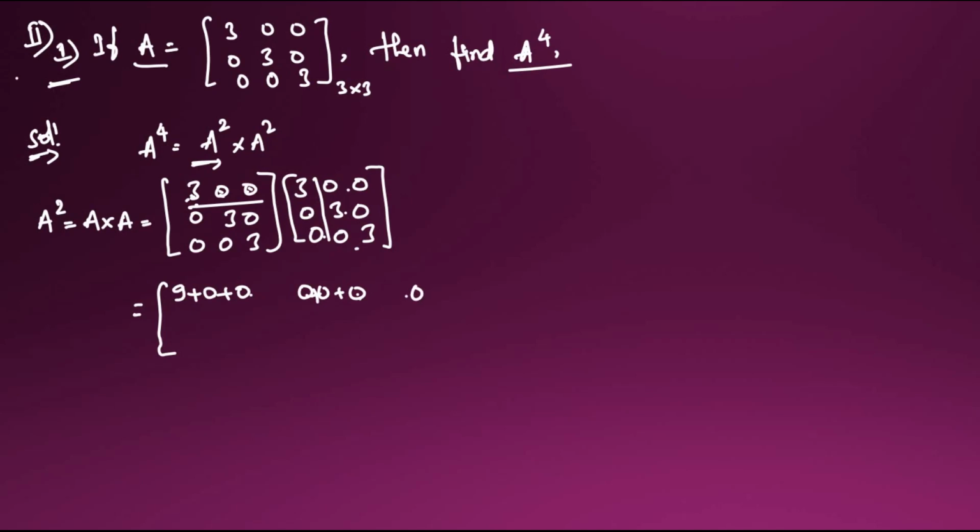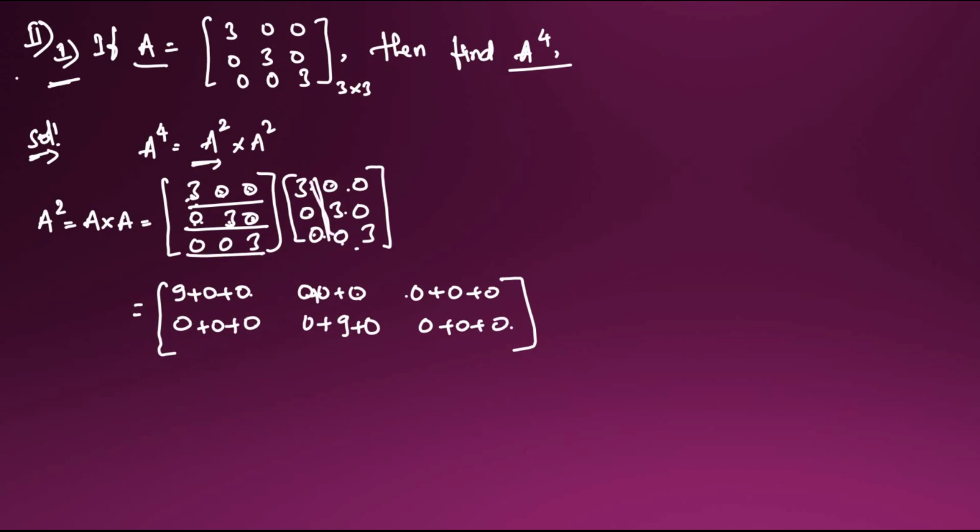So 0 into 0 plus 3 into 3 is 9 here, and 0 into 0, so the total will come as 0 here.